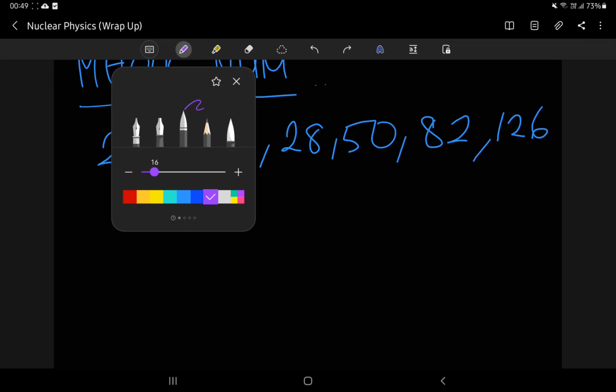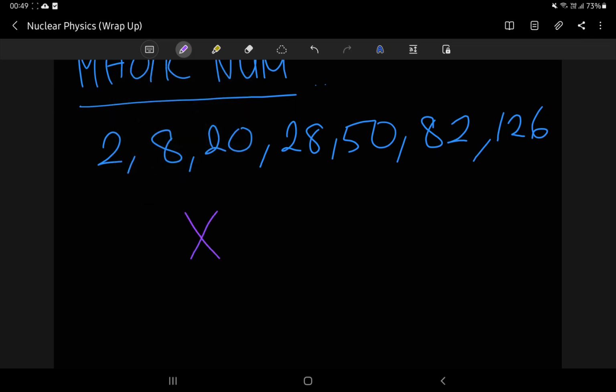For example, if you have an atom that has 8 protons and 6 neutrons, which means 8 plus 6 is 14.